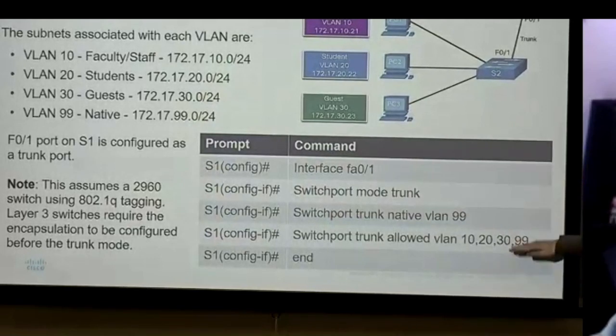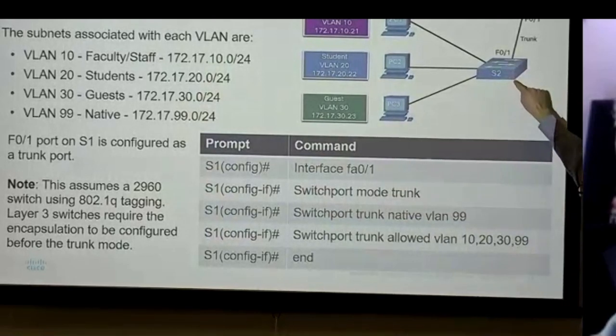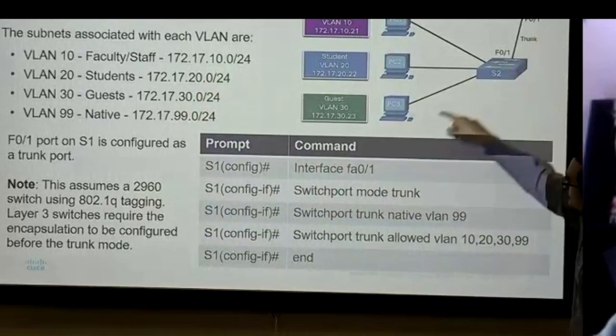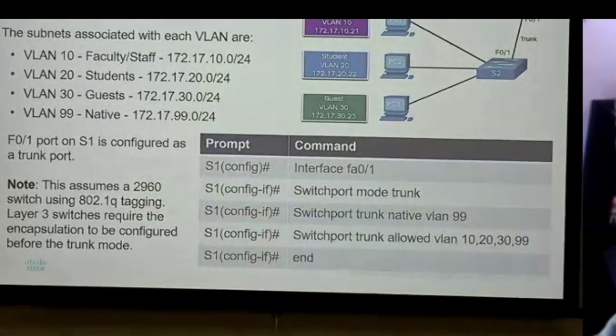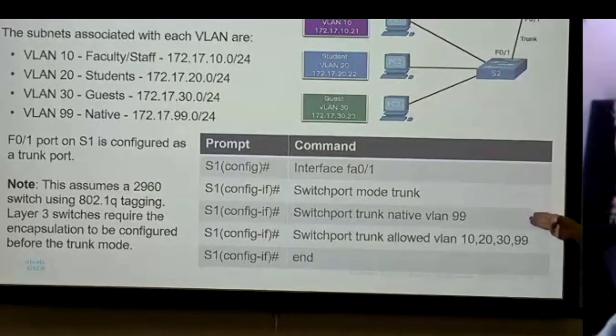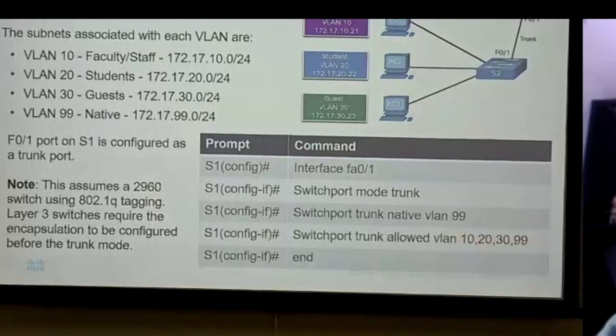This is a real world example of configuring this interface, Fa0/1 on switch 1, not switch 2. We put it in trunk mode, give it a native VLAN, and then tell it which VLANs it's allowed to send and receive. What VLANs would be allowed if we did not issue this line? All of them.